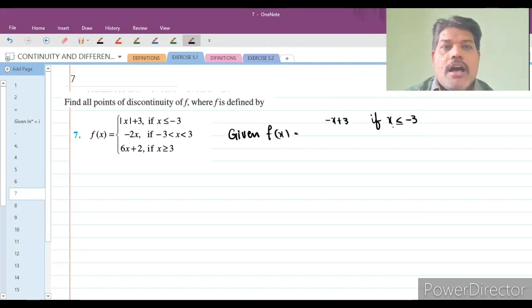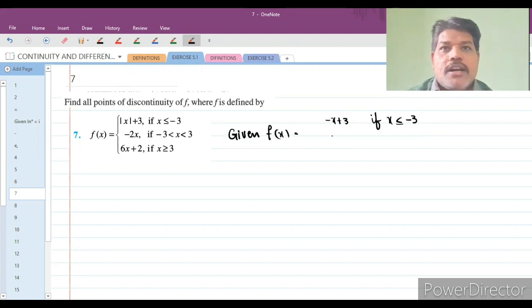Why? Because already we know that if x value is less than 0, then mod x value will become minus x. So x value less than or equal to minus 3 means x value is less than 0. So automatically mod x value will become minus x.